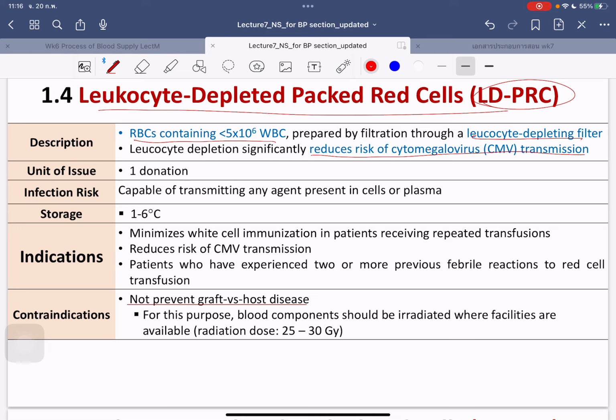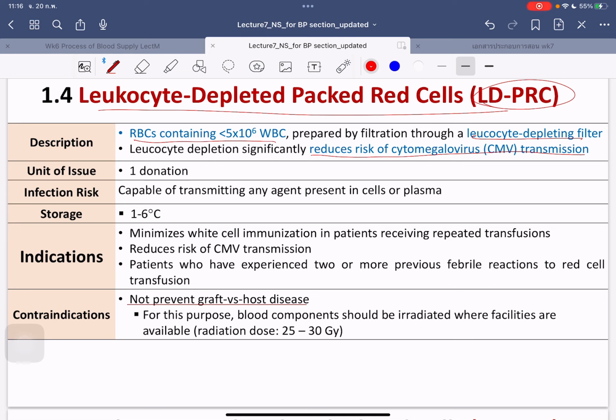Moreover, for leukocyte depleted packed cells, some viruses such as CMV are located in the white blood cells. If you deplete white blood cells, it can reduce the risk of CMV transmission. This is one of the key points.